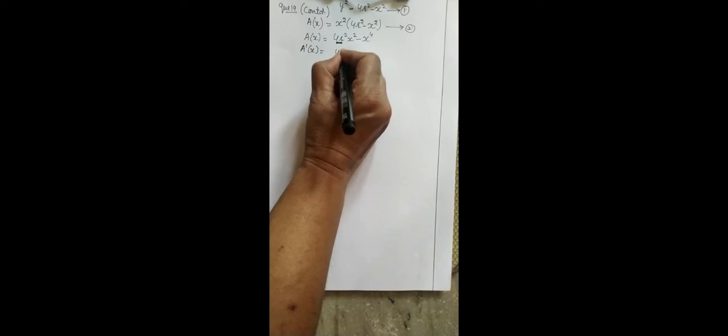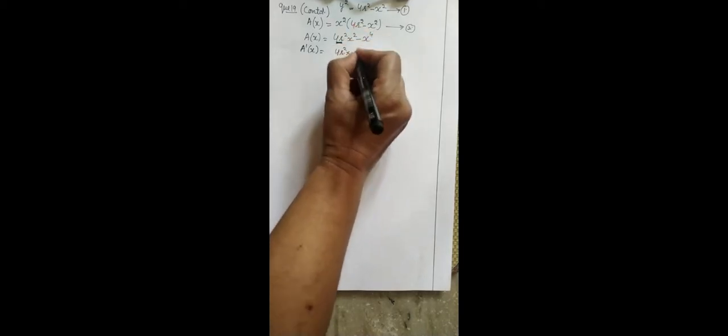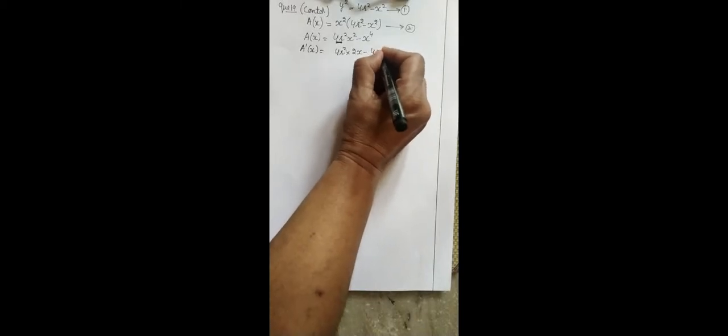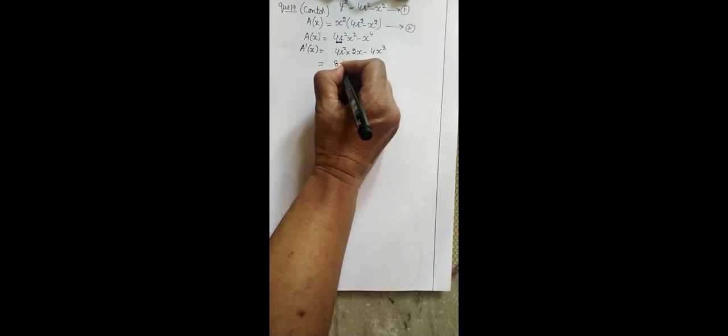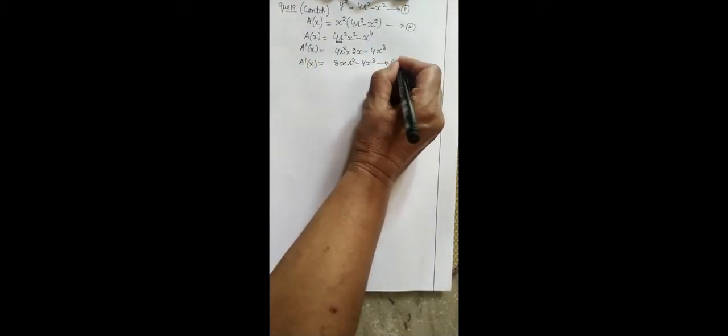So it is 4r square into the derivative of x square, which is 2x, and the derivative of x raised to power 4 is 4x cube, which will be equal to 8xr square minus 4x cube. Now I mark this as equation number 3.